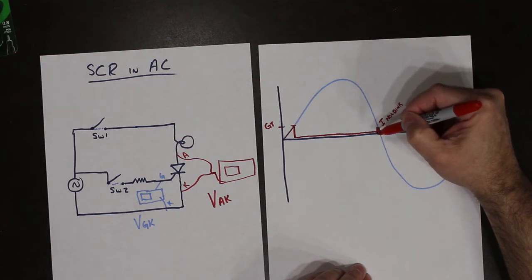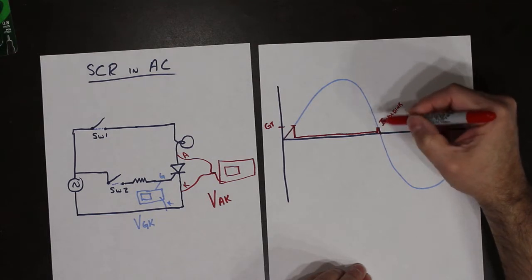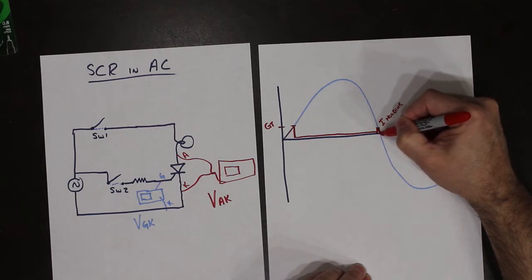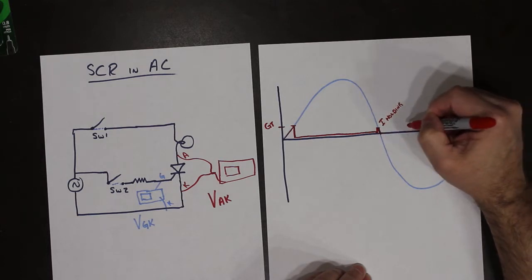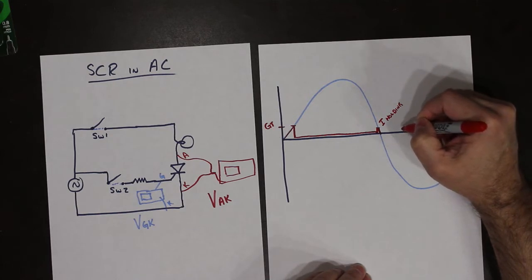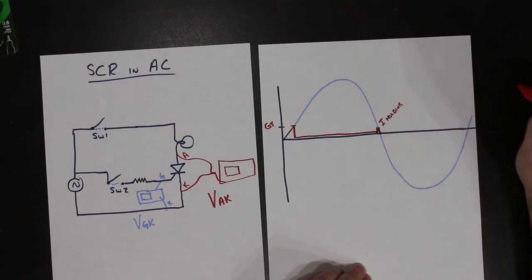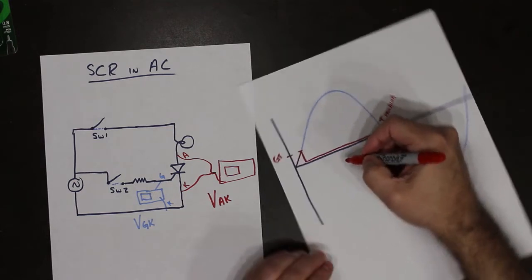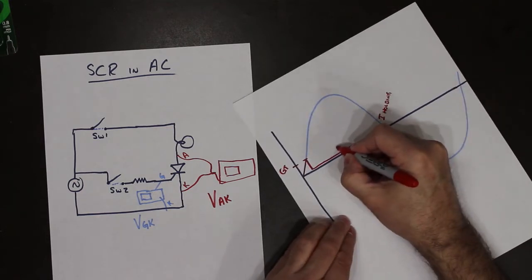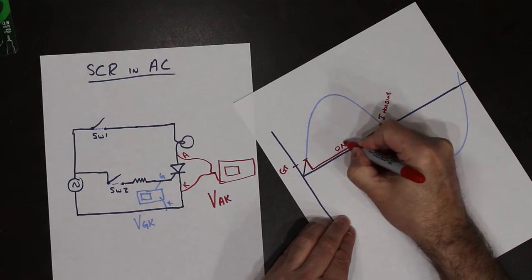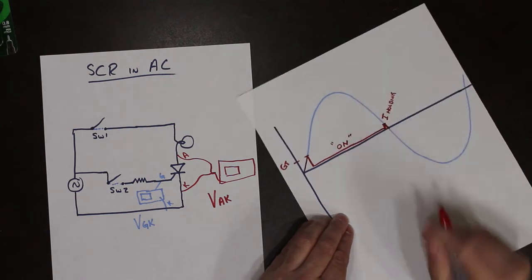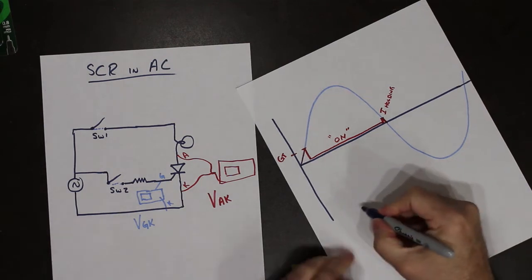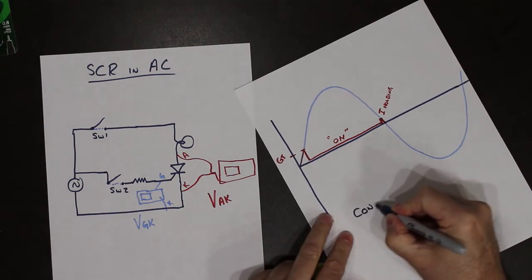Eventually, somewhere around here, the voltage is going to fall to a point where it can no longer maintain the holding current and the device shuts down. So this is the time when the device is on. That time is known as the conduction angle.